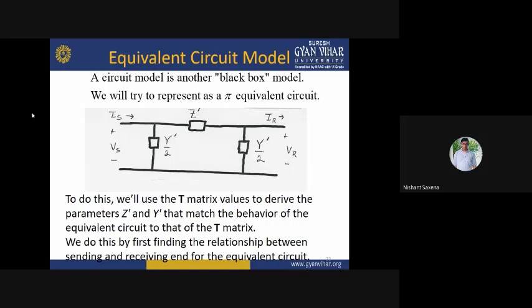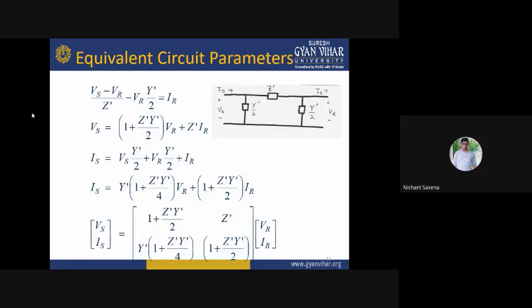We do this first by finding the relationship between the sending and receiving end quantities. How do we do this? Let's see. The equivalent circuit parameters are shown for the same diagram.